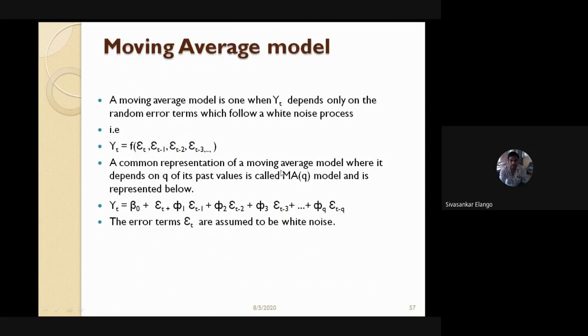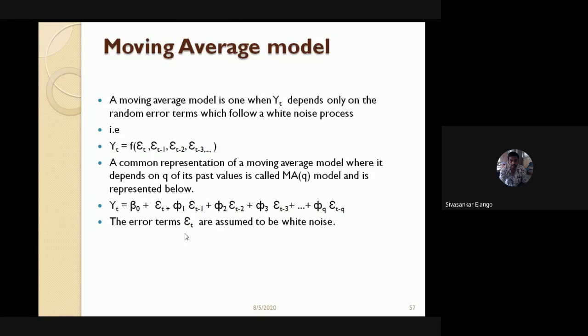A common representation of the moving average model is where it depends on q of its past values. We need to find the q of its past values by which we can optimally represent the model. So yt is equal to beta naught plus epsilon t plus pi 1 of epsilon t minus 1, pi 2 of epsilon t minus 2, and so on. The term epsilon t is used to denote the white noise.